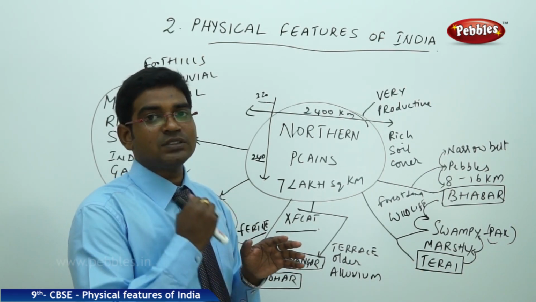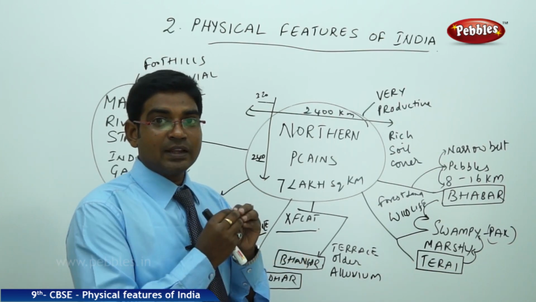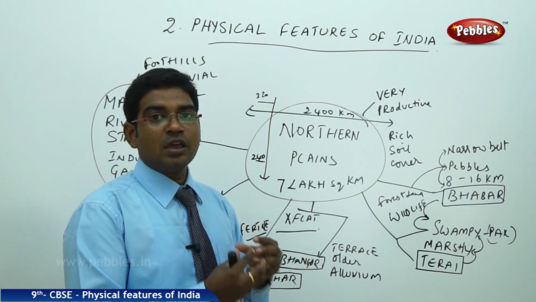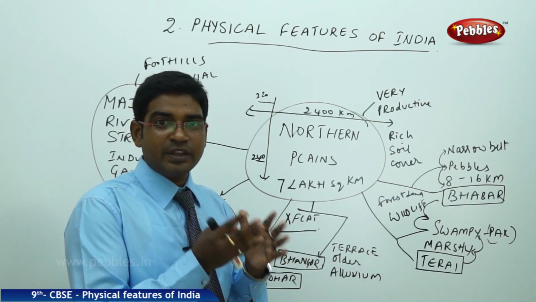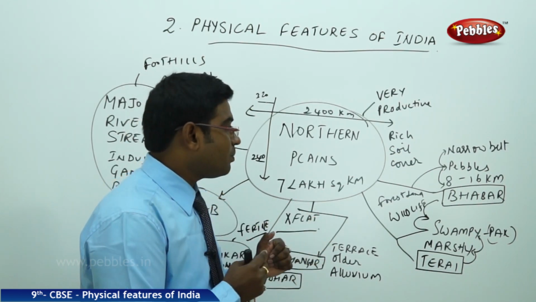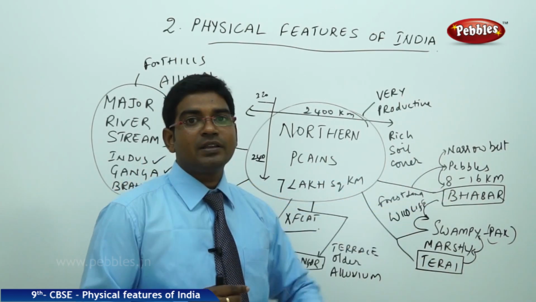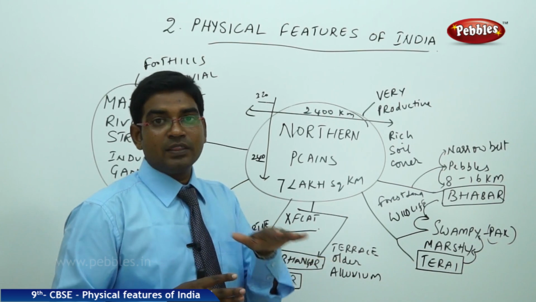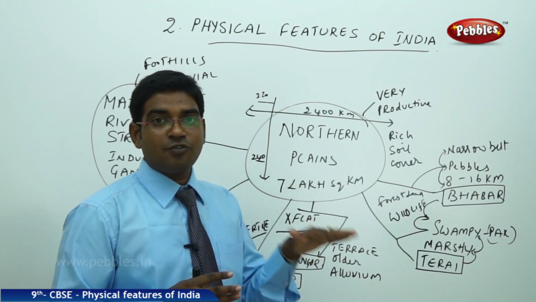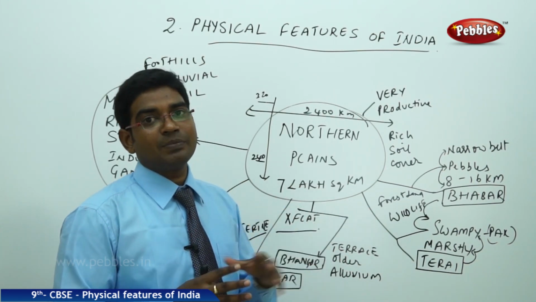At the foothills of the Shivaliks, we find the rough, pebbled stones which got deposited there in a very narrow belt of 8 to 16 kilometers. This narrow belt is known as the Babar region. This is the first major landform which we find in the northern plain part.